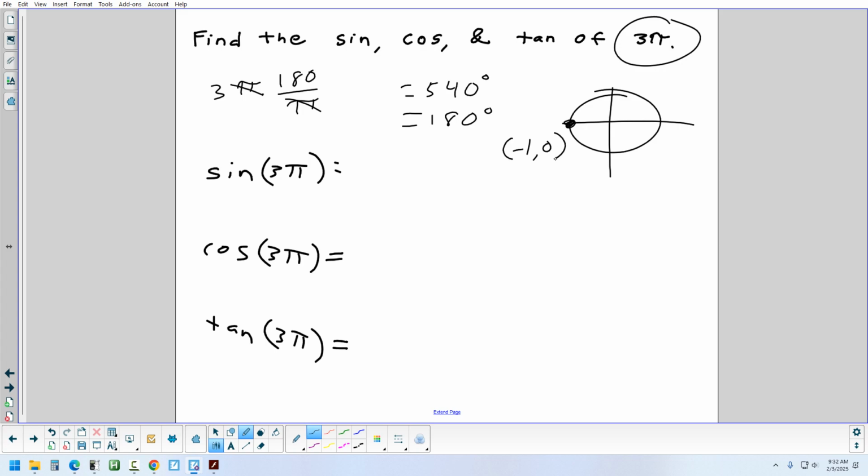Now, I'm not going to say that 180 degrees equals -1, 0, because these are different things. This is the location of the angle. This is the size of the angle. The location and the size are not equal to each other. They're different. But the location is what we need, not the size. All right, so now let's do our sine, cosine, and tangent. Dylan, what would the sine of 3 pi be?